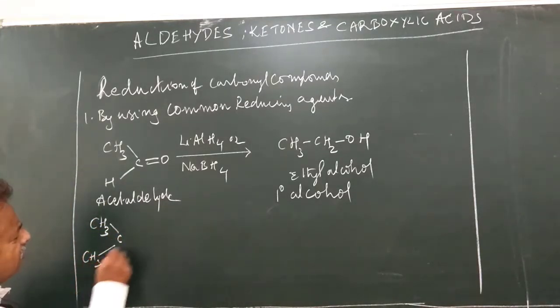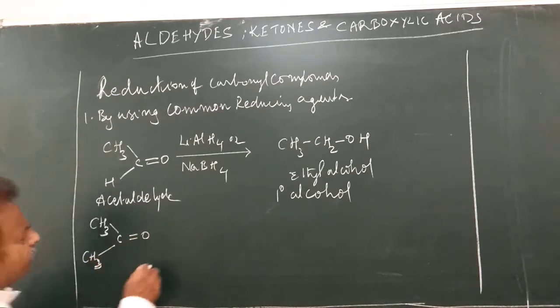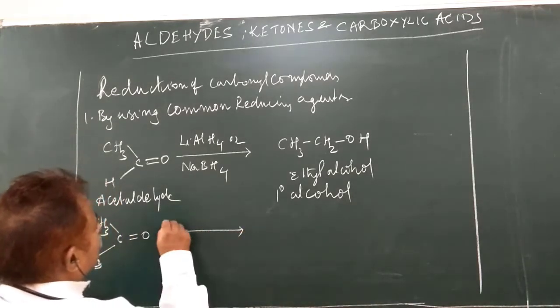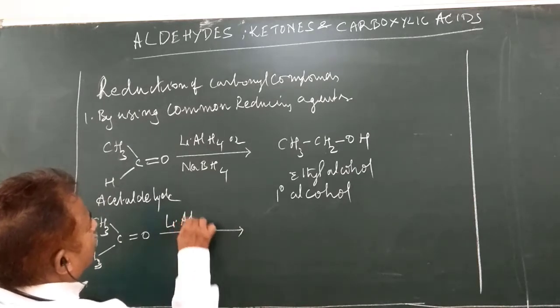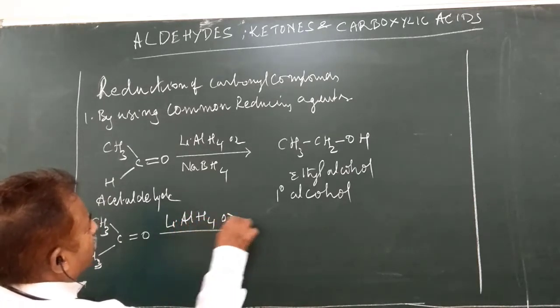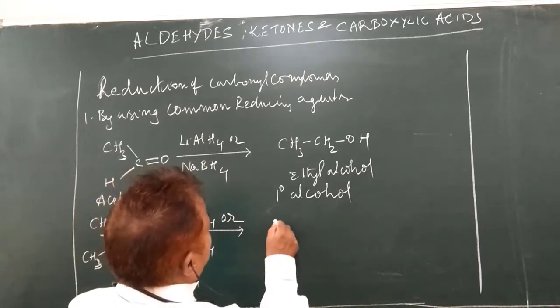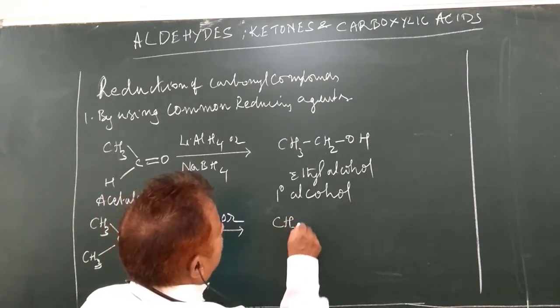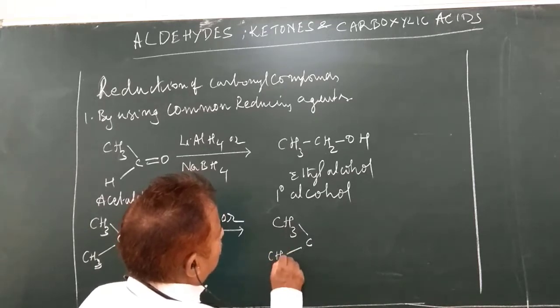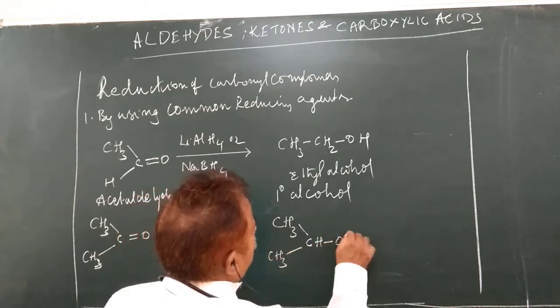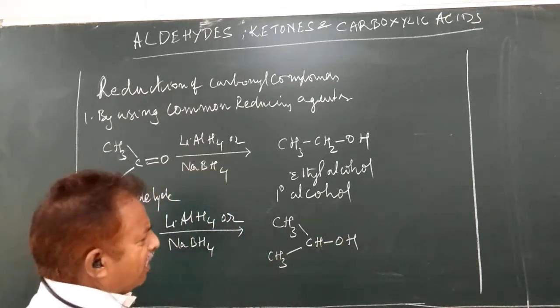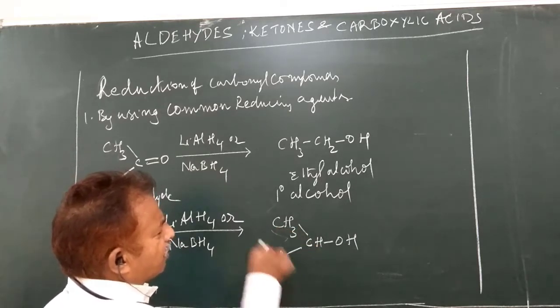CH3COCH3, this is acetone in the presence of lithium aluminum hydride or sodium borohydride. We get CH3, this is CHOH, CH3. And the long chain has 3 carbon atoms, 1, 2, 3.